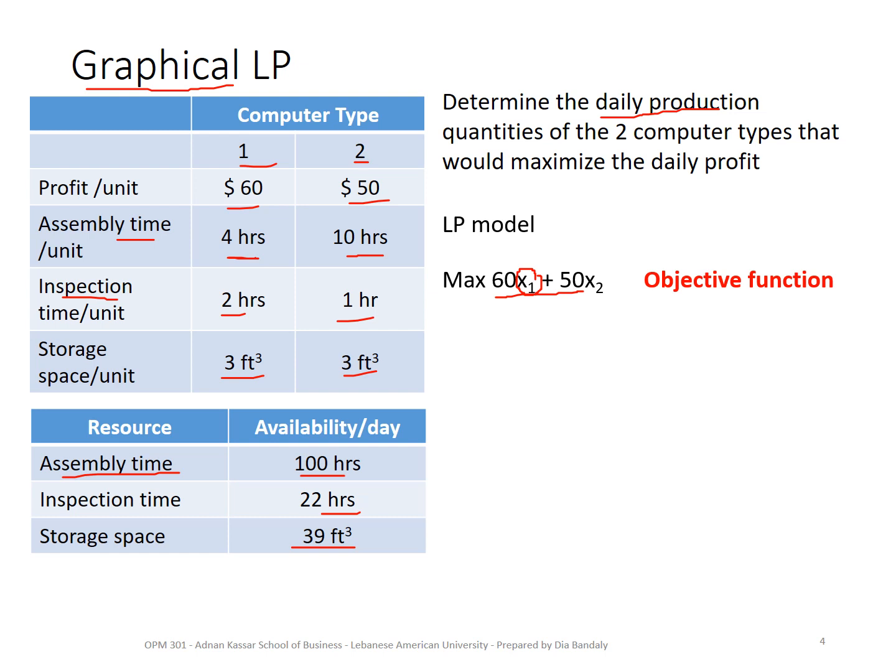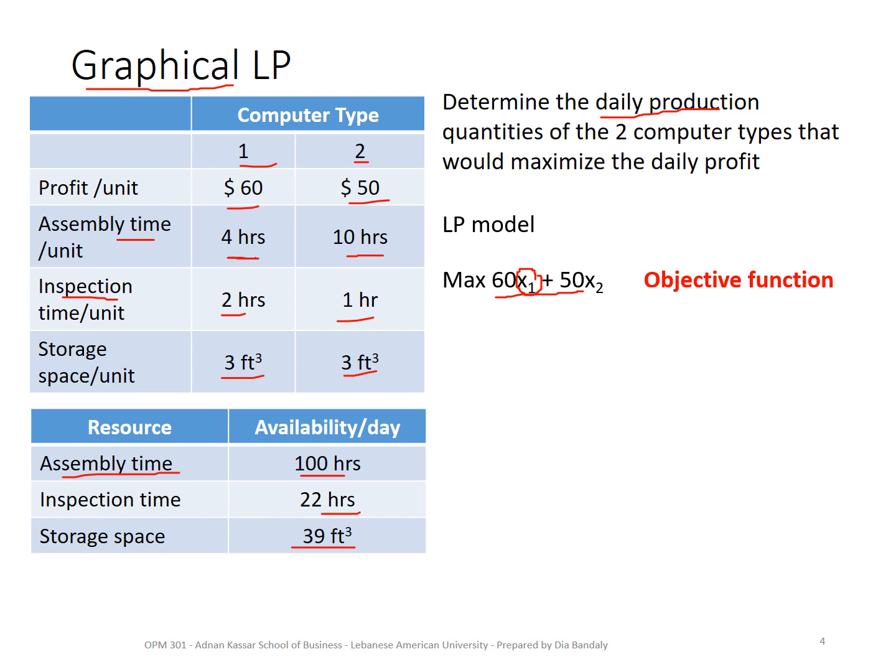You always start by defining your decision variables. I really apologize for not putting it here. So let's have it: x1 is the quantity of computers of type 1 that we're going to make daily, and x2 is the quantity of computers of type 2 that we're going to make daily.